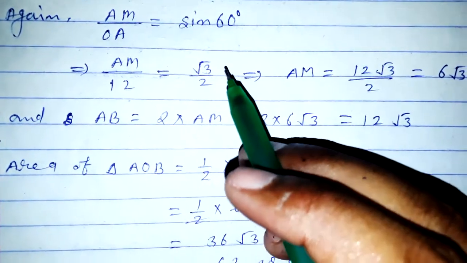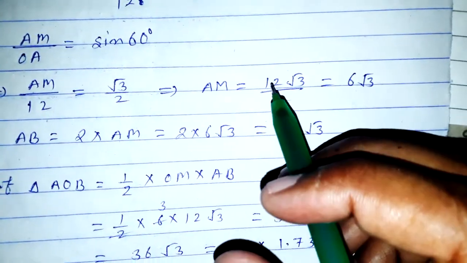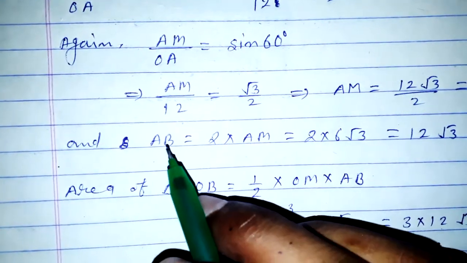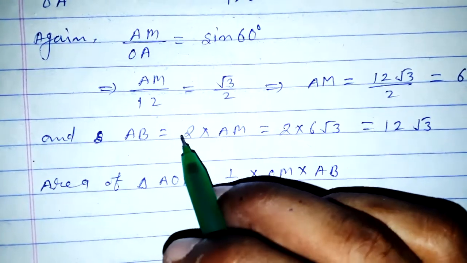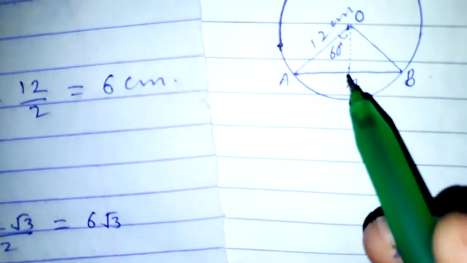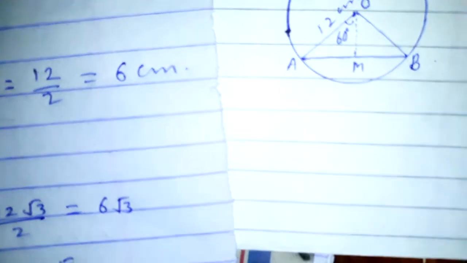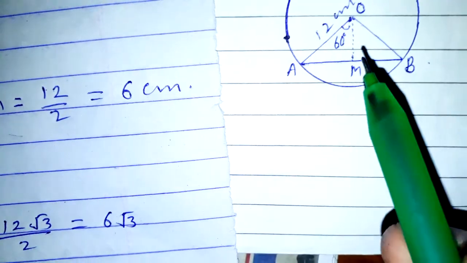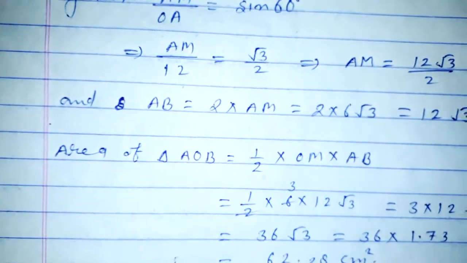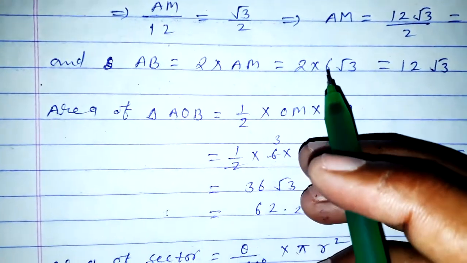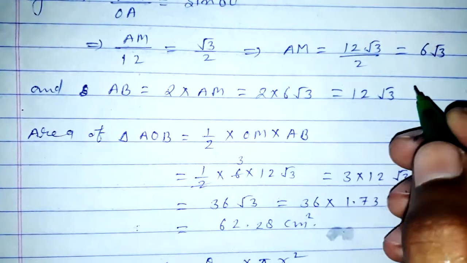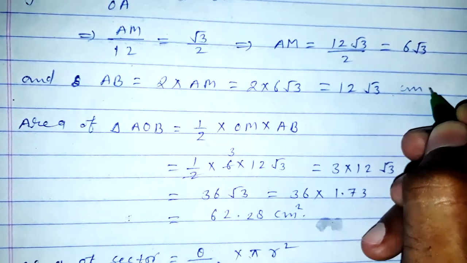So 12 √3/2 divided here. So this is 6 √3. AB is equal to 2 into AM, because this is equal two parts. So if you double AM, this is complete AB. So 2 into 6 into root 3, this is AB, also centimeter.